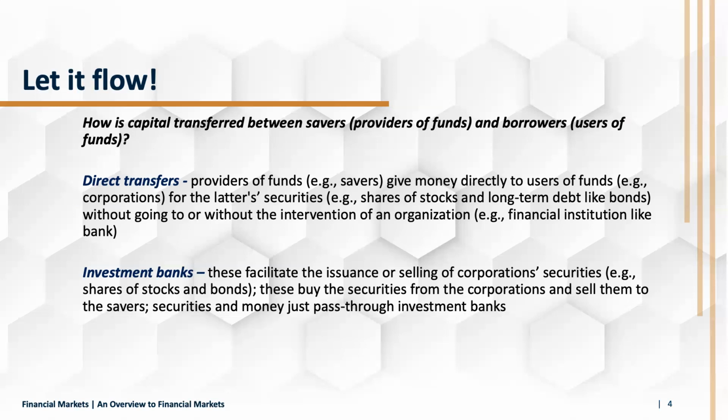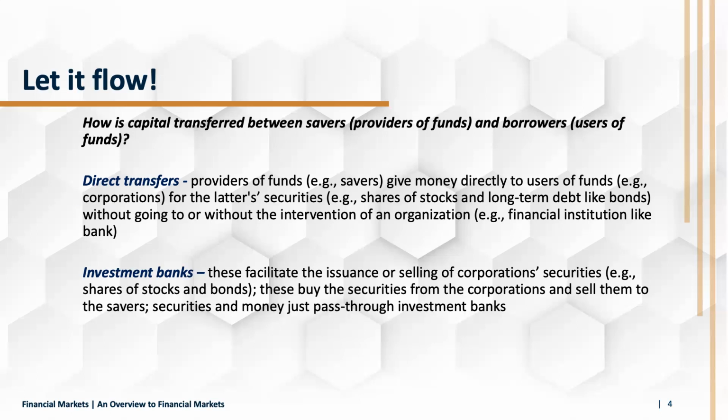So from the term itself, the providers of funds will give the money directly to the users of funds for the latter's securities, meaning in exchange for shares of stocks and long-term debt like bonds, without the intervention of a third-party organization such as a bank.